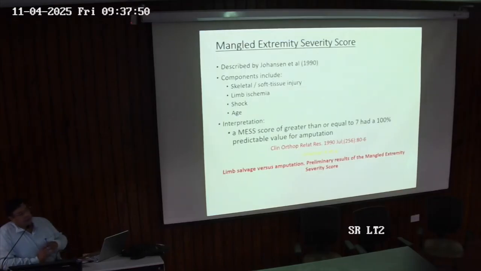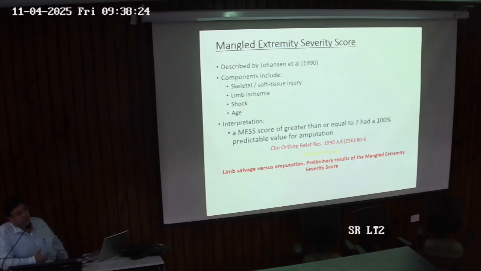Then, coming to crush injuries, there is the Mangled Extremity Severity Score. It was described by Johansen et al. in 1990. Its components include skeletal or soft tissue injury, limb ischemia, shock, and age. A MESS score of greater than 7 had 100% predictive value for amputation.